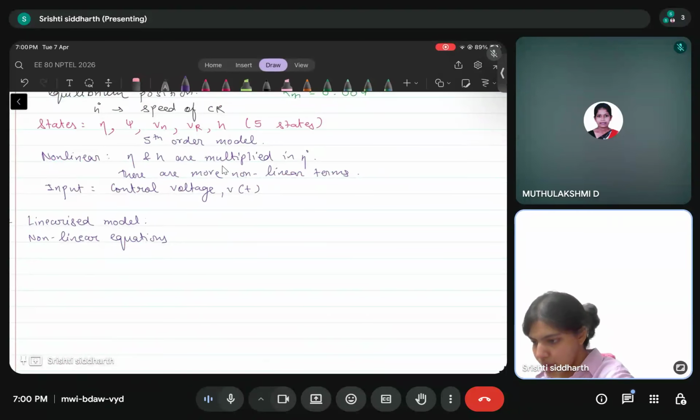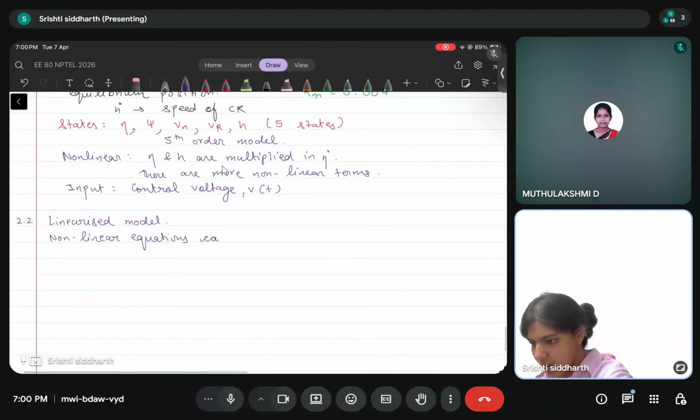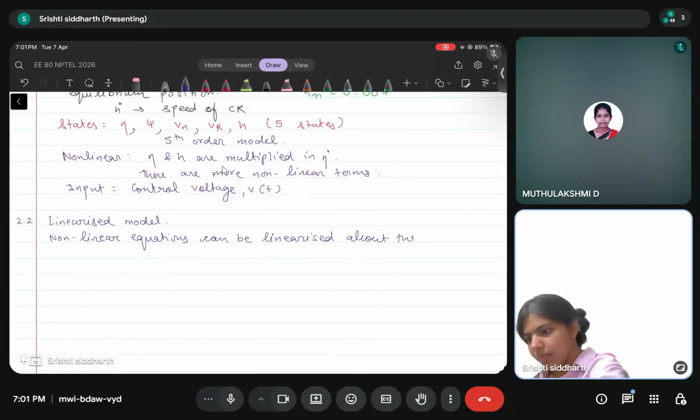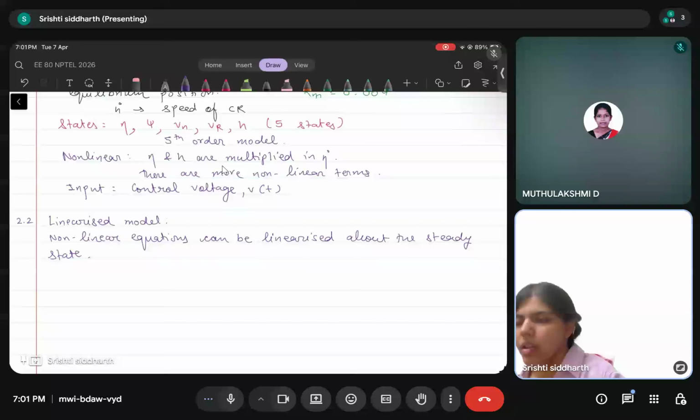The nonlinear equations can be linearized around the steady state. And the procedure has been shown in the lecture slide.